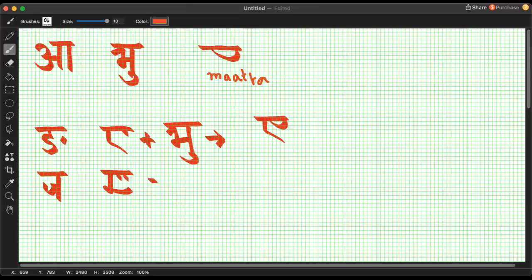This is J. To this, if you're adding A matra, on the Shiroreka, you see, I'm bringing this U shape and adding depth to this and connecting it back.